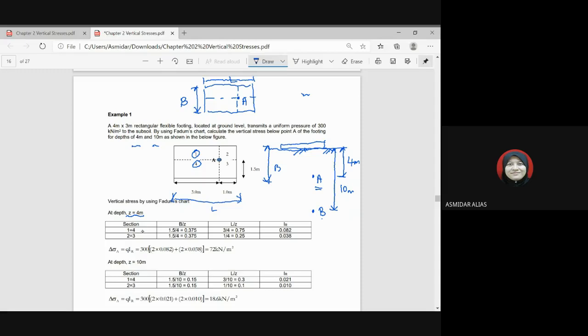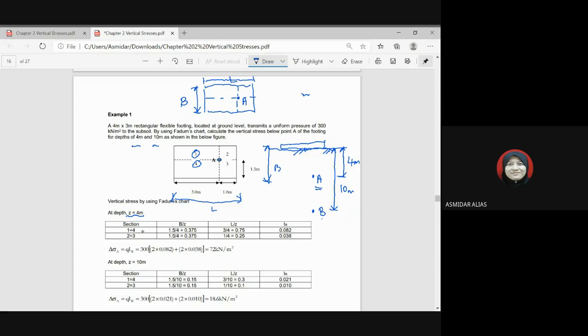Okay, kita tengok section 1. B adalah 1.5, and then Z adalah 4. Kemudian dia refer ke Fadum chart, dia dapatkan influence factor untuk rectangular section.